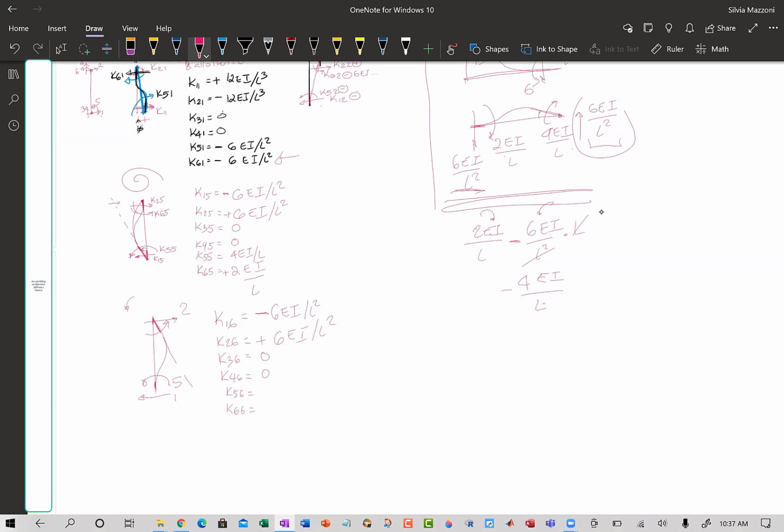Okay, 5, 6 is positive 2 EI over L. And then 6, 6 is positive 4 EI over L. Yep. You can check the sign there, but you can also look at the figure here and go, okay, they do go counterclockwise. Now, these coefficients come from the virtual work method.